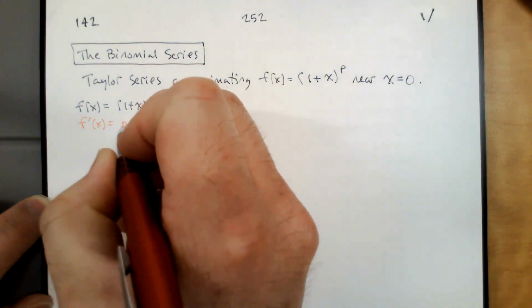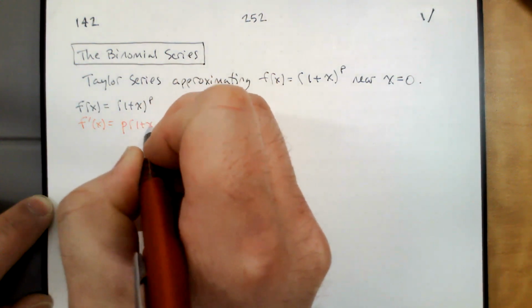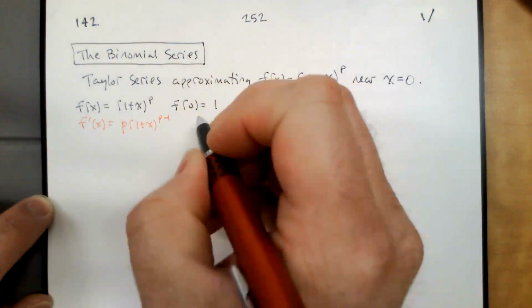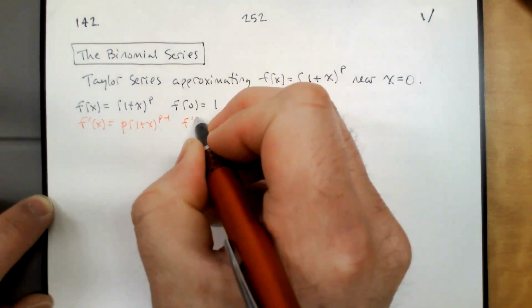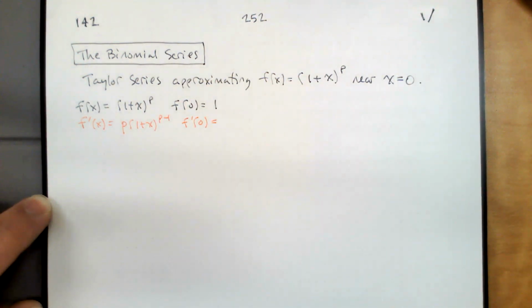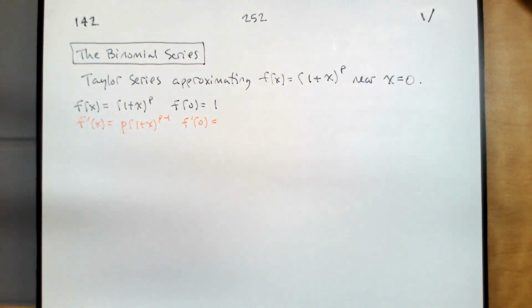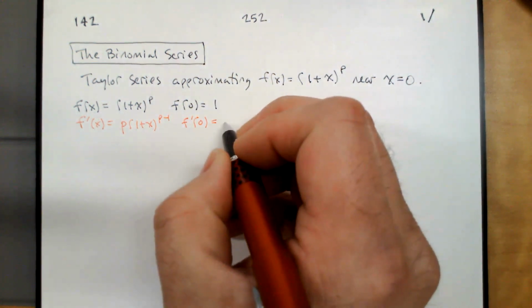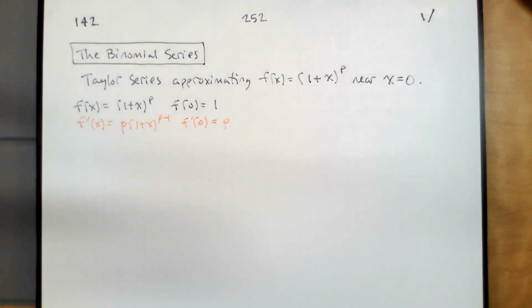So we take the derivative: p times 1 plus x to the p minus 1. And what we're going to notice is that the 1 plus x to the exponent part is always just going to be 1 when we plug in 0. That's why we picked it. So it's these coefficients that are going to show up for our derivatives.